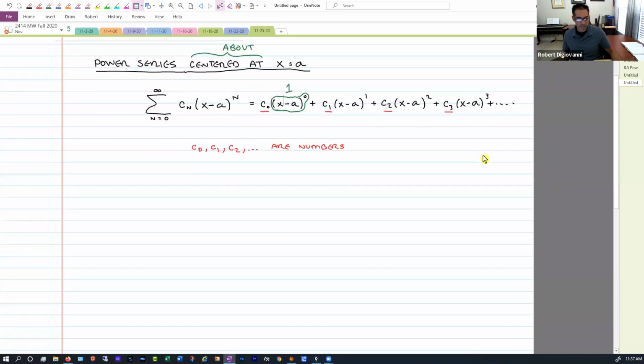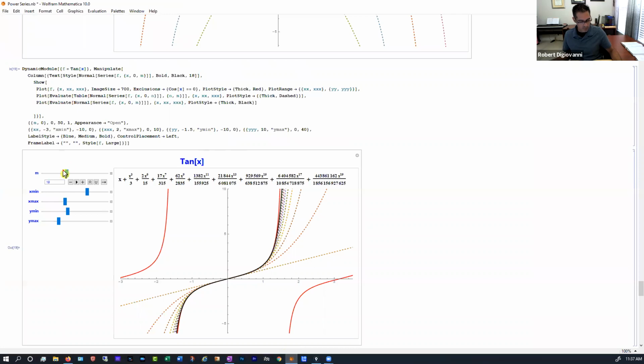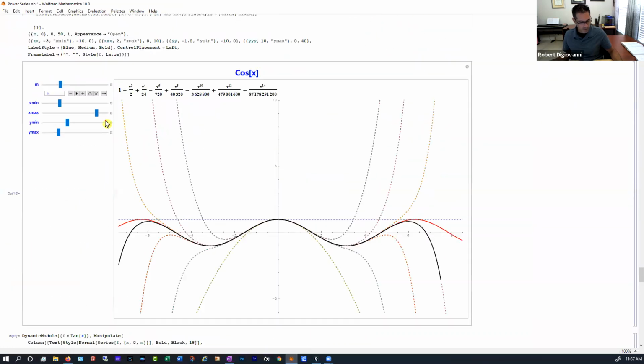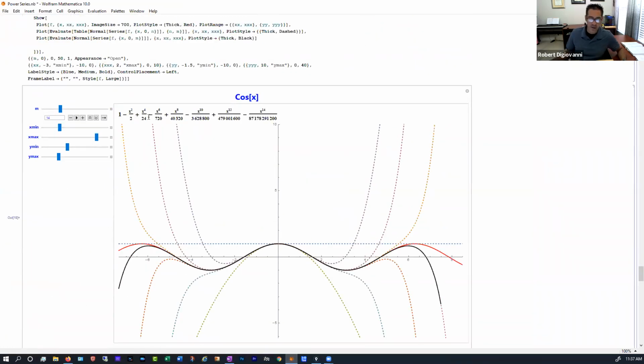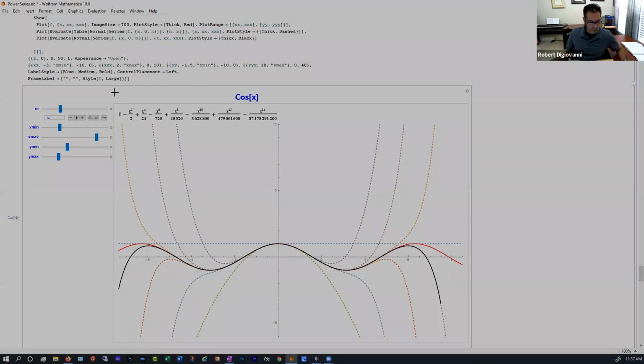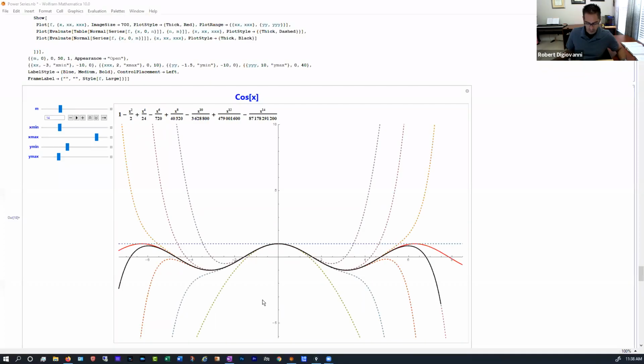All right? So let me show you an example of a power series. Well, here's one right here. I'm gonna grab this, and I'm not gonna take so many terms. I'm gonna take just the first couple of these.